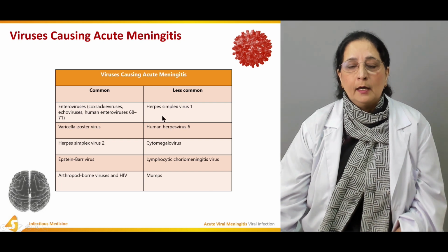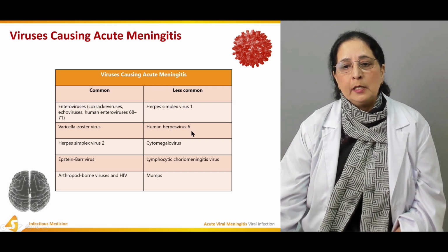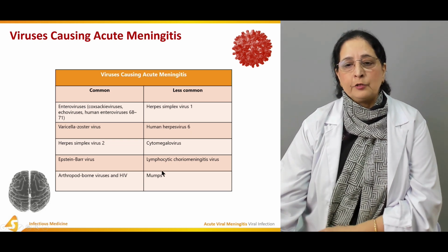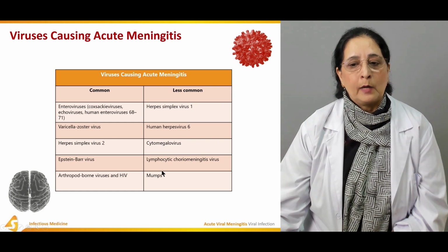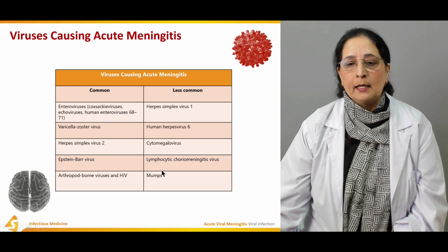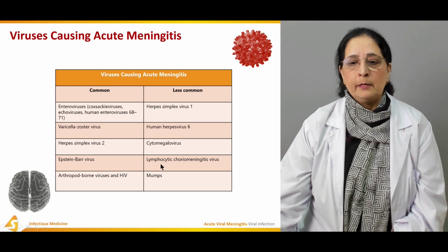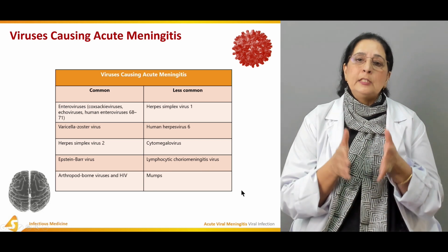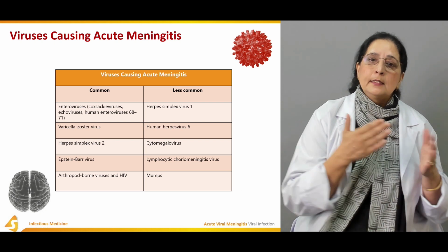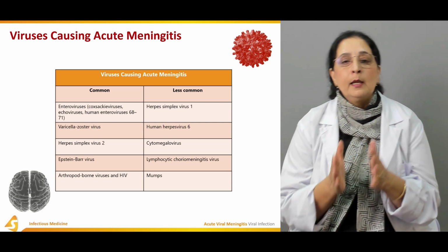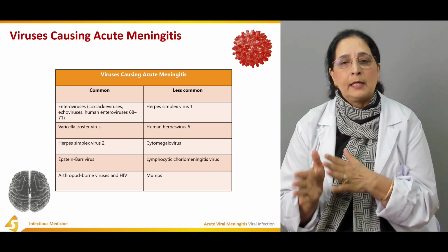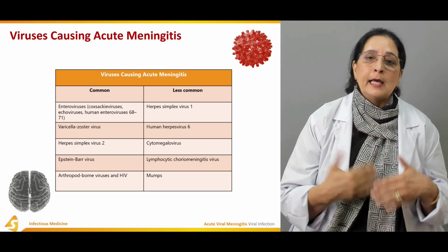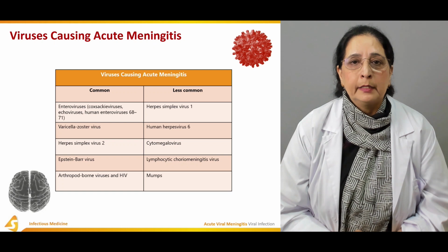Less common: herpes simplex type 1, human herpesvirus 6, cytomegalovirus, lymphocytic choriomeningitis virus, known as LCMV, and mumps virus. So all these viruses can cause meningitis. Some are more common, some are less common, but it's not excluded that the less common ones can cause meningitis. They can, but it's not as common as the viruses commonly associated with meningitis.